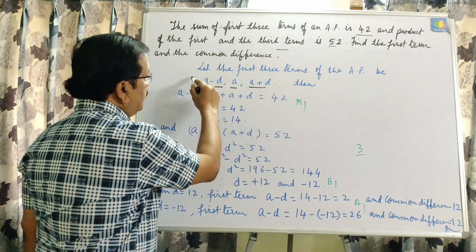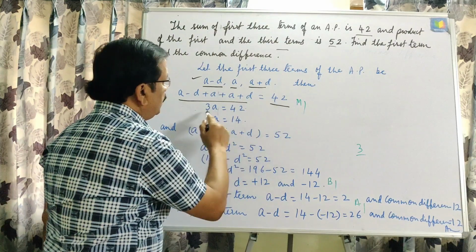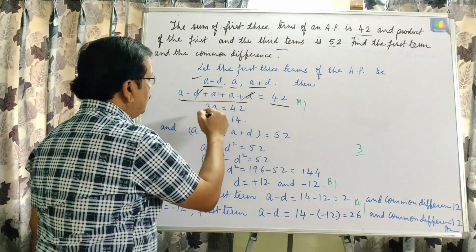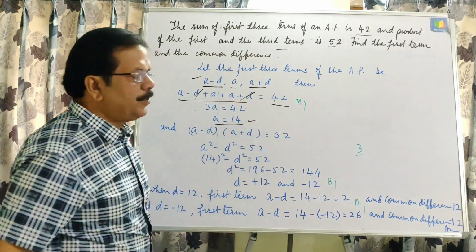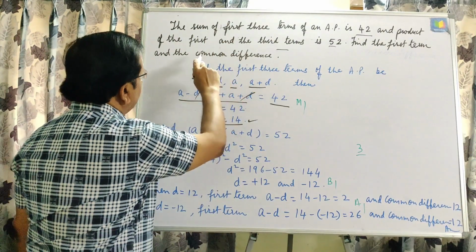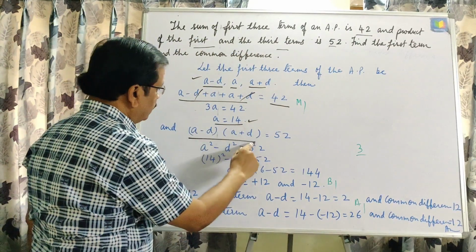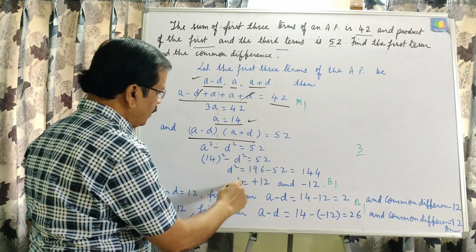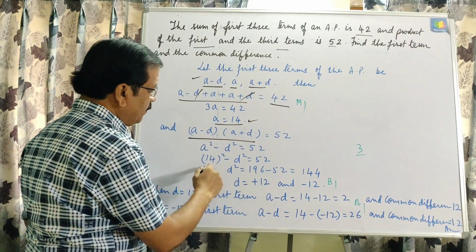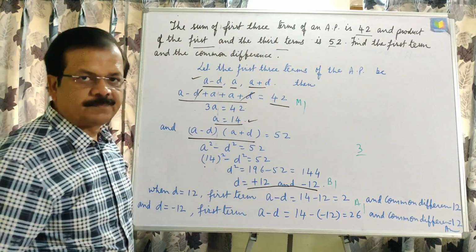In this AP, we are given the sum 42, then d and d cancel, and we are getting a is equal to 14. After this, the next line, that is product of first and third term, means a square minus d square, we are getting, substituting the value of a, d is equal to plus 12 and minus 12.